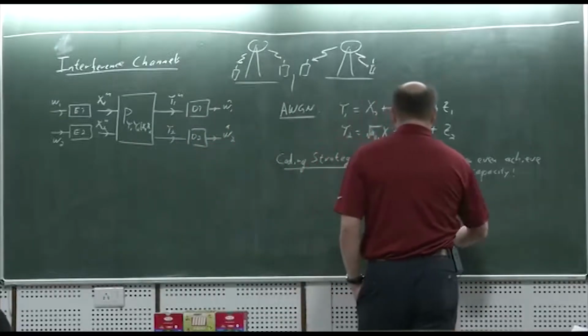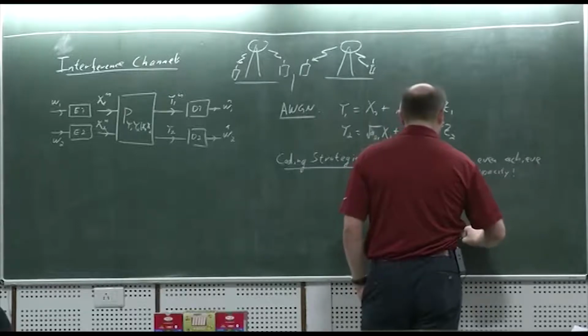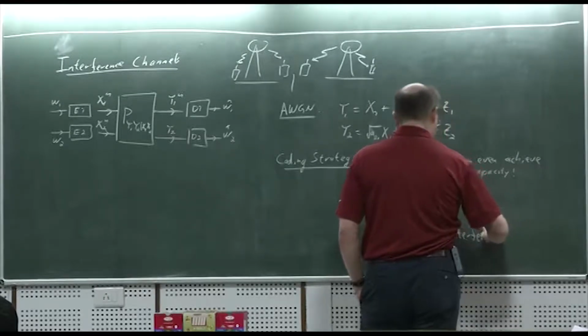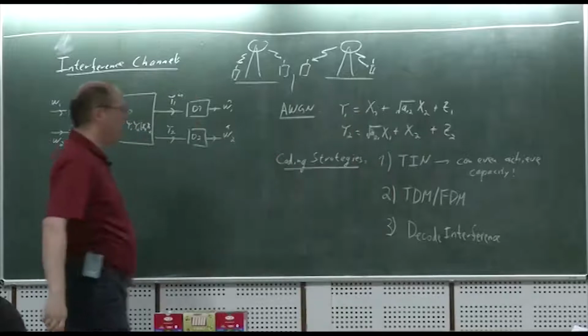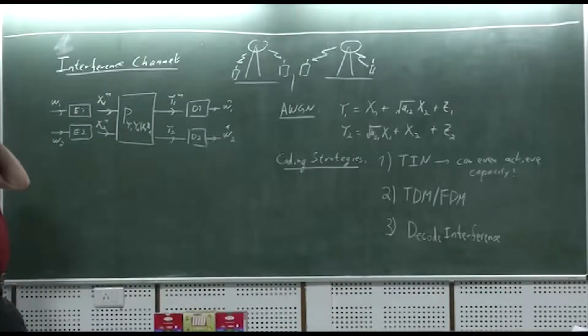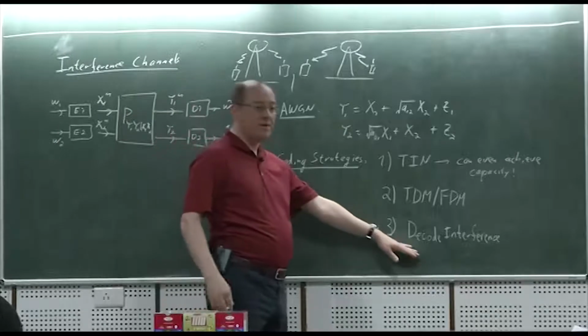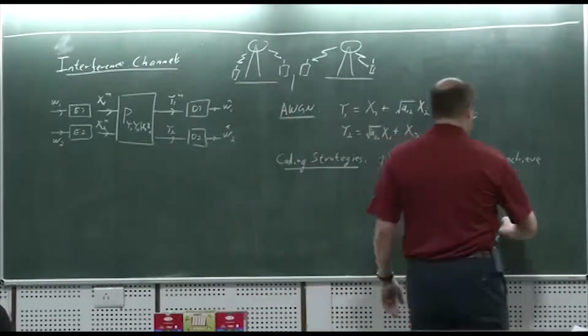And then the most sophisticated method is to decode the interference, because there we really need to do multiple access. We need to use successive interference cancellation receivers or at least decode multiple messages, and that works well at high interference, and in fact there it even achieves capacity.